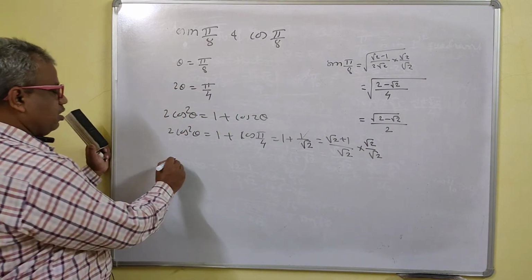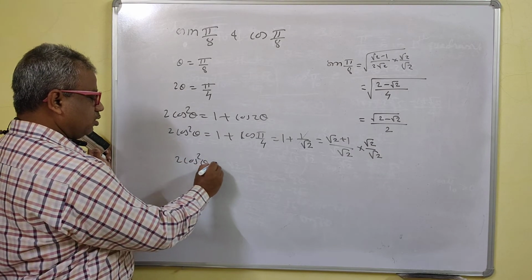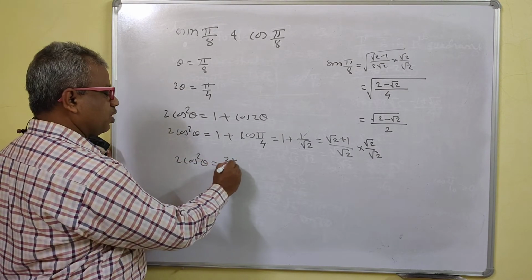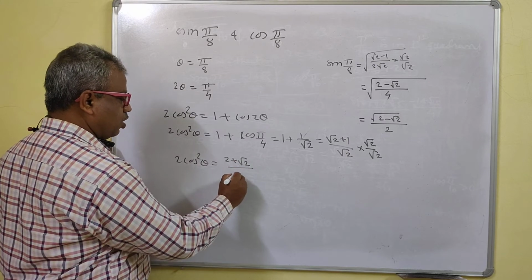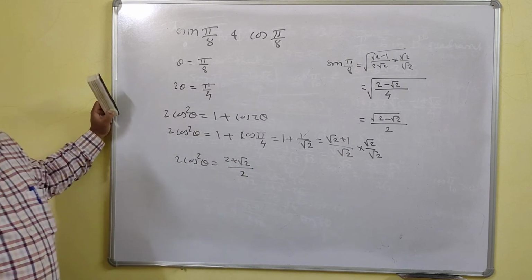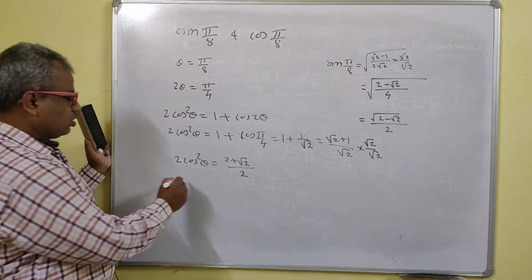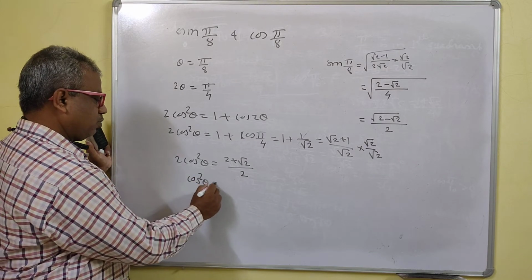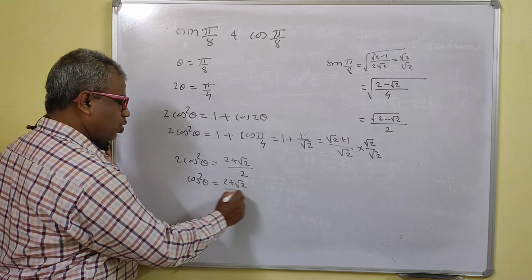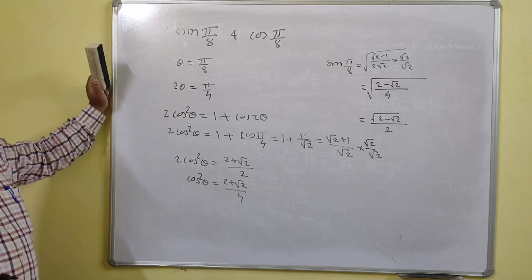So what do we get? 2 cos square theta is equal to 2 plus root 2 upon 2. So cos square theta is 2 plus root 2 upon 4. Okay?